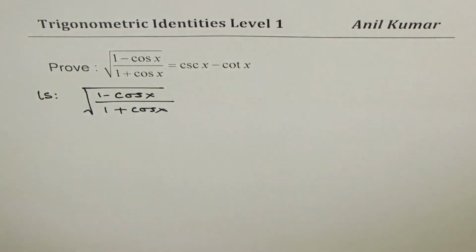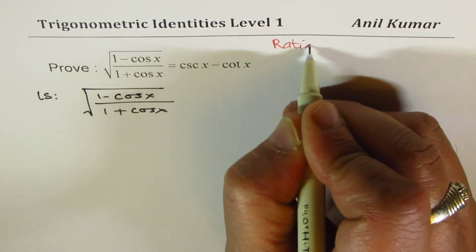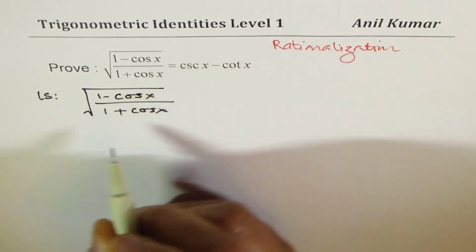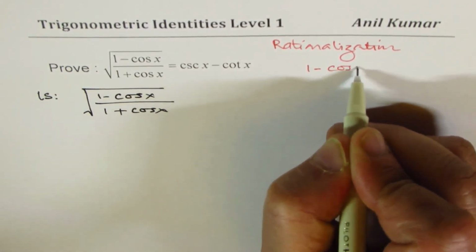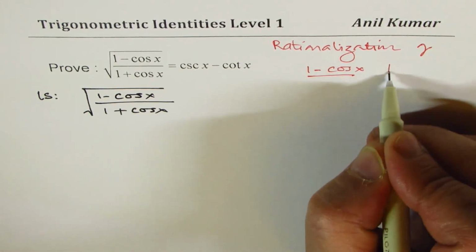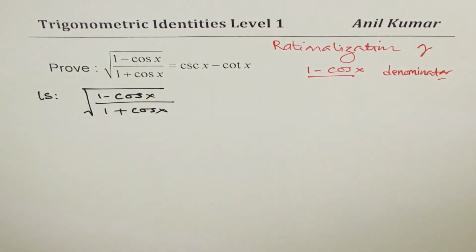Now whenever you see square roots, then rationalization is a good option. So the conjugate of 1 plus cos x is 1 minus cos x. So we'll rationalize the denominator. That's what we are going to do to prove this particular identity.